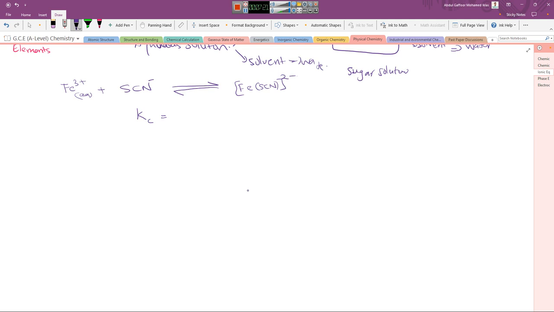So we can write [Fe(SCN)]2+ in the numerator, the concentration of the product, and then in the denominator we will write the concentration of the reactants, Fe3+ and SCN-, right? So this is our equilibrium constant.